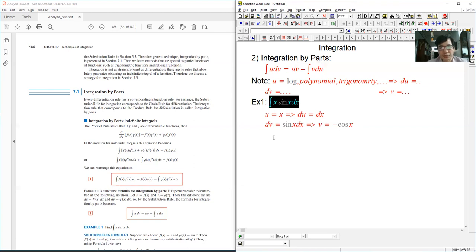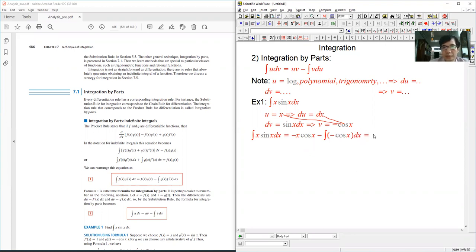So uv equals x multiplied by minus cosine x, minus the integral of minus cosine x dx, so we get minus x cosine x minus the integral of minus cosine x dx.